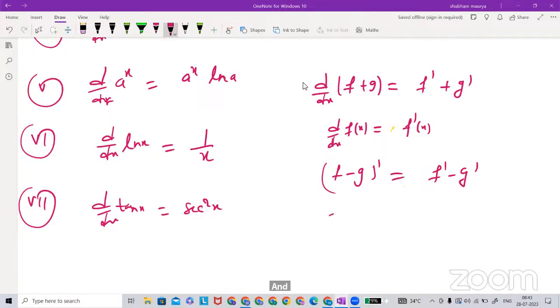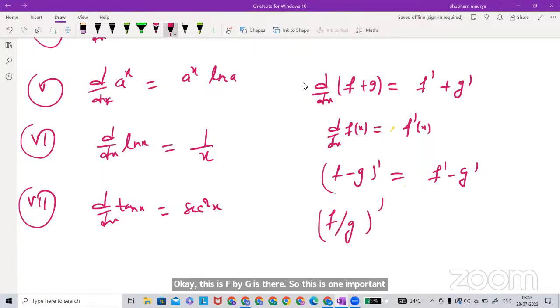Okay, now f by g. This is one important thing. You want to differentiate this f by g. Yes, Prayas will see it. Okay, just a minute, let me finish this derivative thing. This is one formula, just need to remember, it is always important.